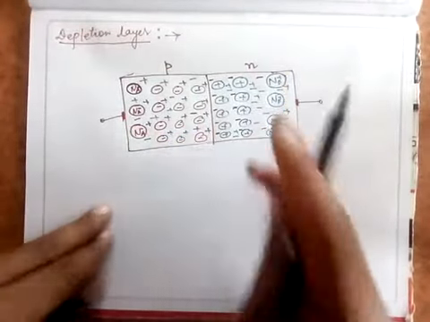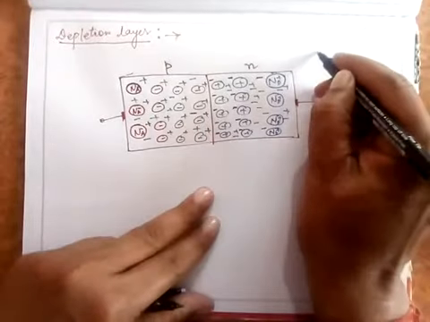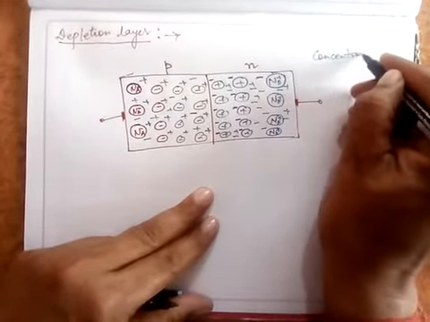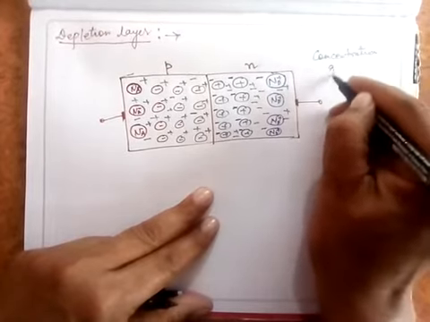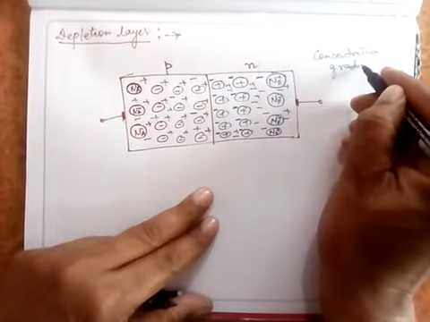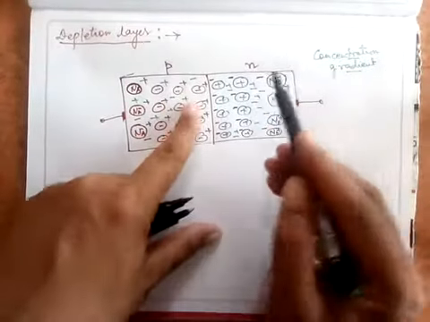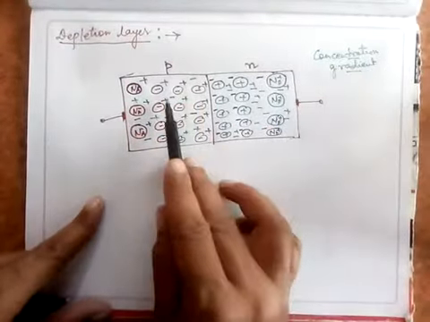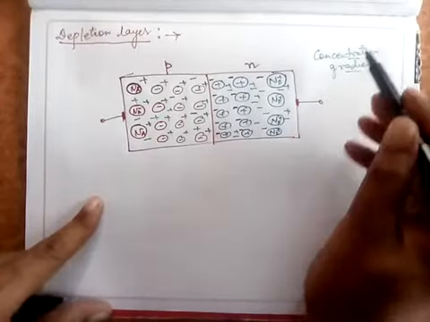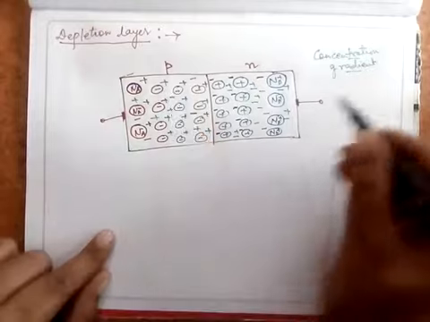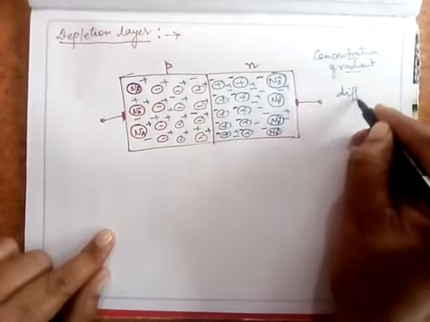Now, what happens if there is a concentration gradient? If there is a non-uniform distribution of electrons and holes, these electrons and holes will diffuse from higher concentration to lower concentration, so diffusion will take place.